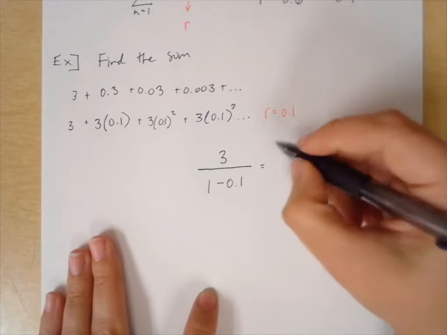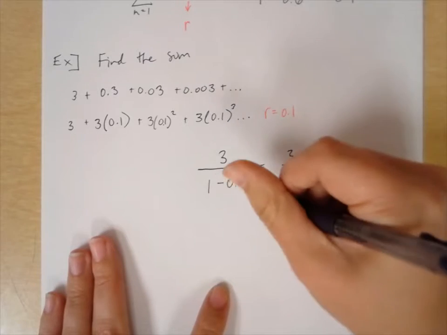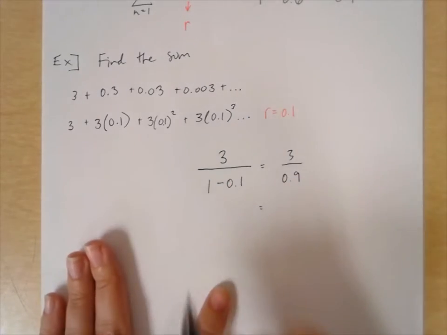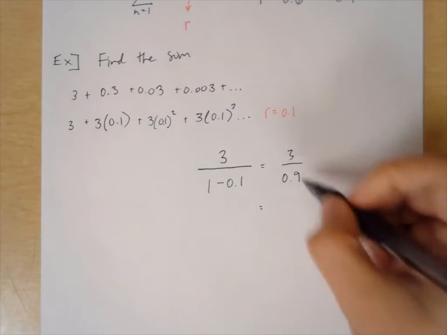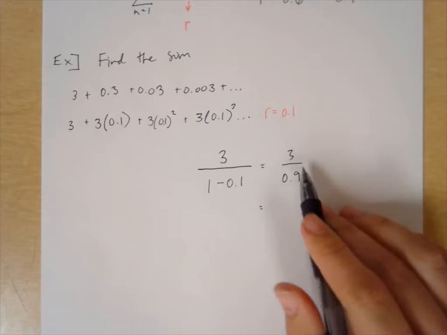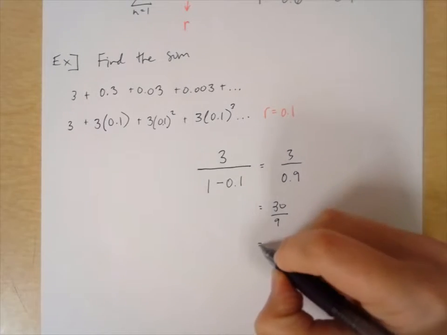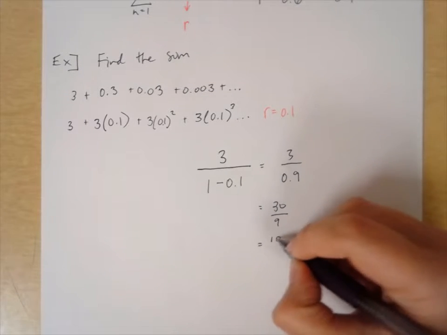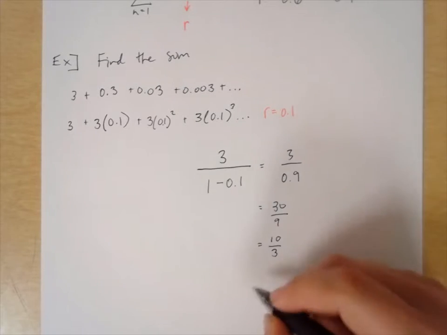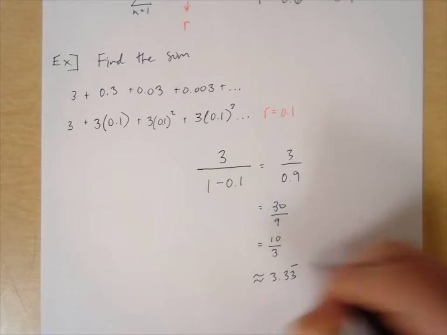When I simplify this out, I get 3 over 0.9, and when I simplify that, I could multiply both top and bottom by 10. When I do that, I get 30 over 9, and now this is pretty easy to simplify. I know 3 goes into 30 10 times, and 3 goes into 9 3 times, which gets me approximately 3.33 repeating.